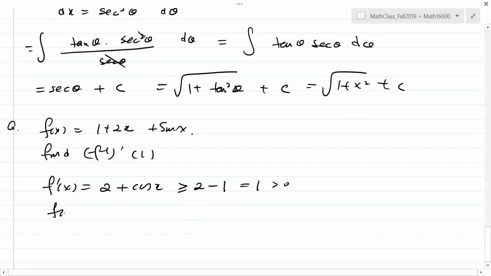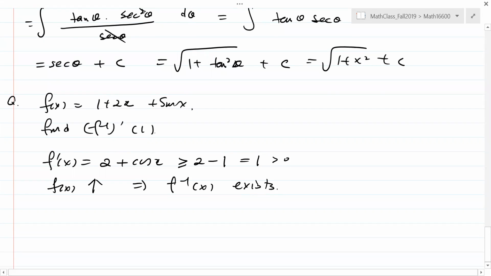That means the inverse exists. So don't worry about that. But we want to find the derivative of the inverse at 1.